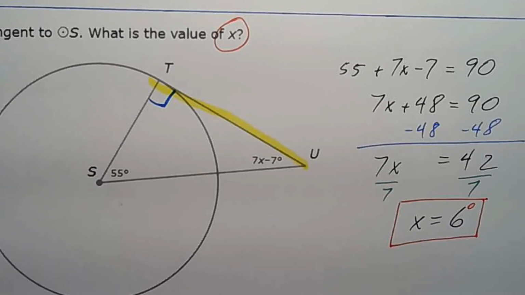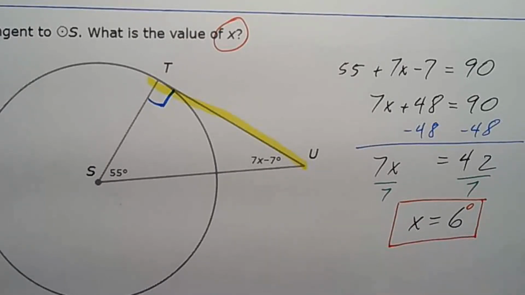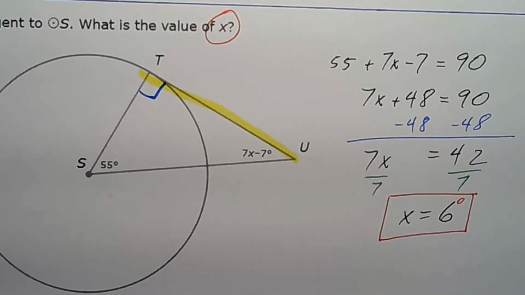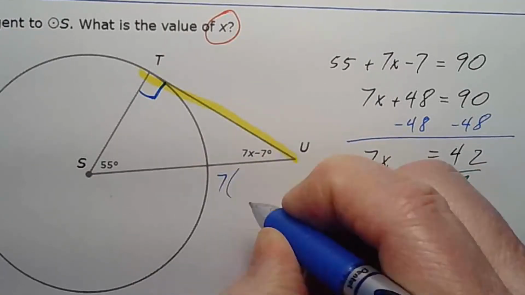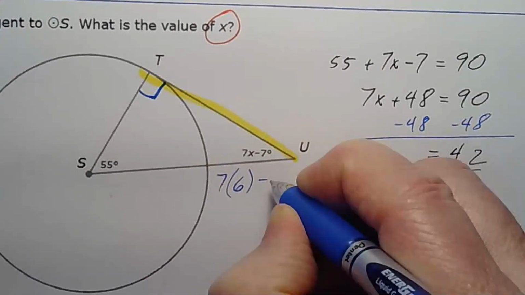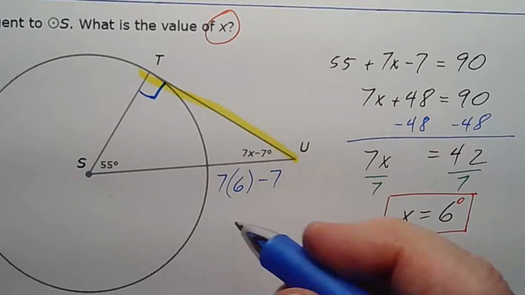Now, I always like to double check. I could try and redo these equations, and that would certainly be a strategy. But one way to be really sure is let's put this number back into the picture, right? That's, to me, the best thing to do. So where there's an x, I'm going to put this 6. Let's try that. 7 times 6 minus 7. Let's just see if it makes sense based on the picture, right?